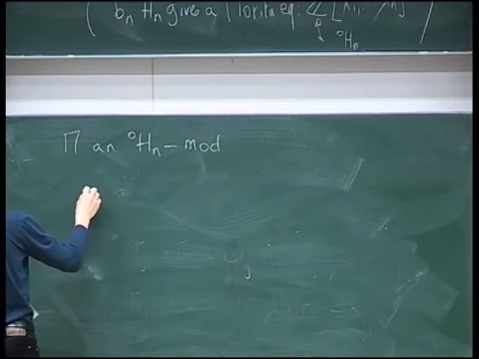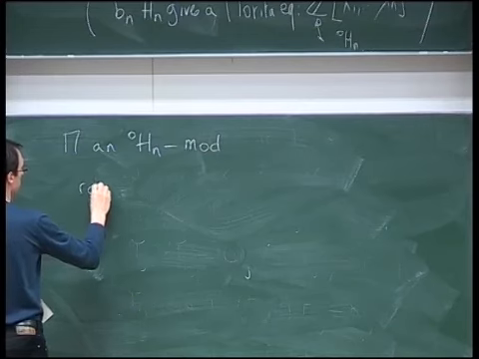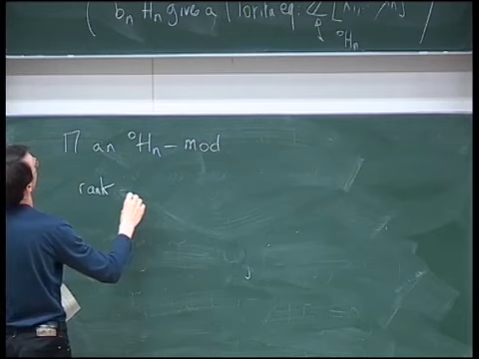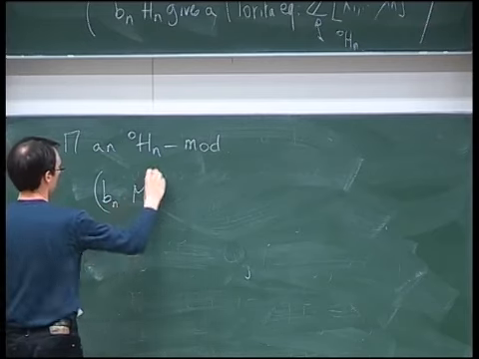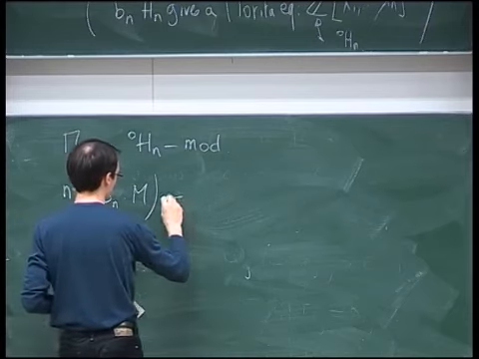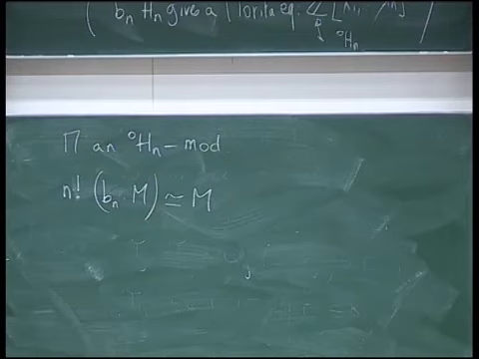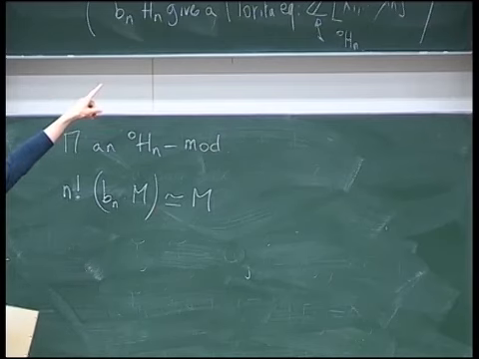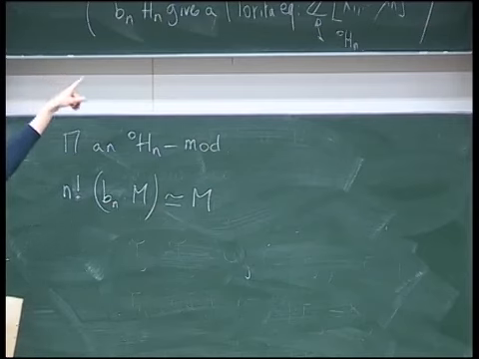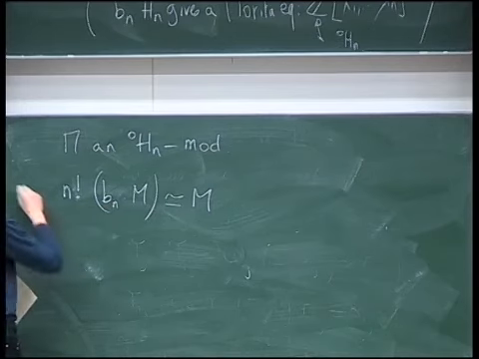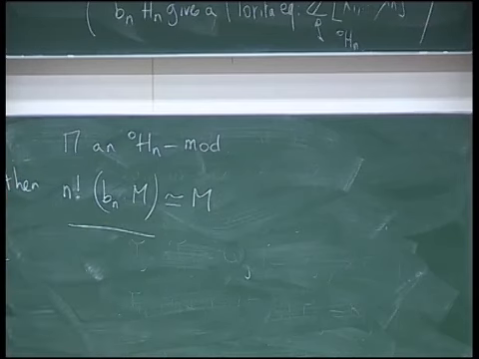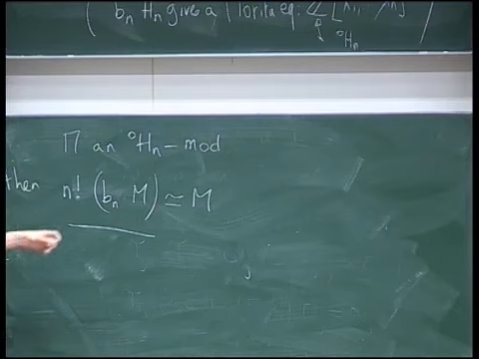Then, I should say, if you take n factorial copies of Bn times M, this is isomorphic to M, at least as vector spaces. Because to get M back, you need to go from invariant polynomials to polynomials, and polynomials is a module of rank n factorial over symmetric polynomials. So that means that if we take a module for this nil affine Hecke algebra, we can divide its dimension by n factorial just by multiplying by Bn.